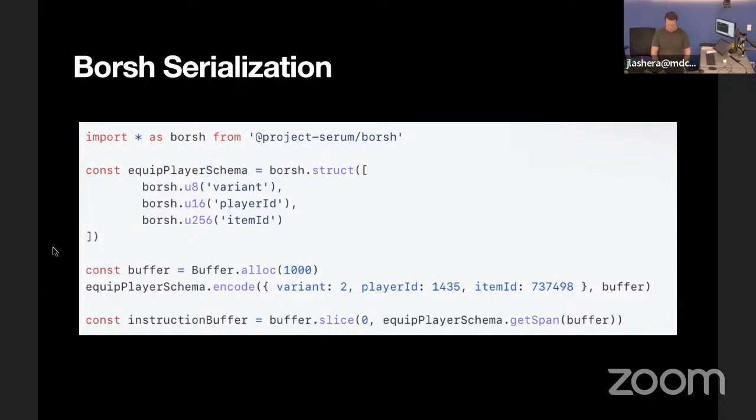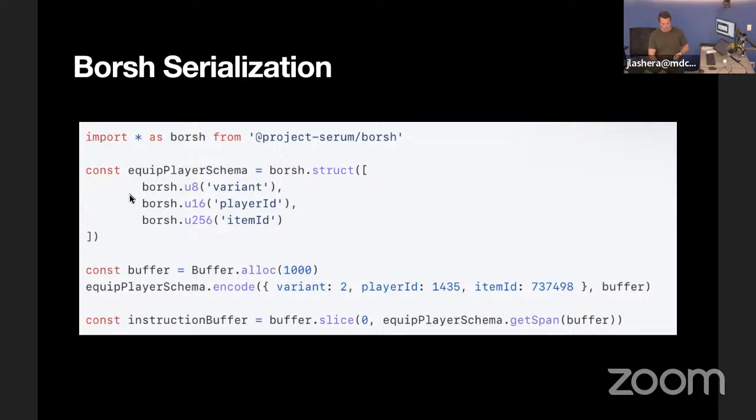Again, I'll put my cursor over here and show you. If you're using BORSH, the first thing you do is create a schema or a layout. This is a BORSH representation of what your byte array is going to contain. In this example, let's assume you have a player object where the player has inventory, they hold an item.